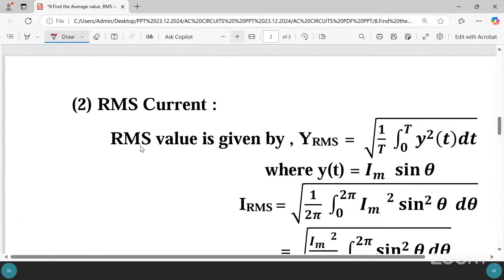Second one is RMS current. Have you written the formulas? I average is equal to 2 Im by pi is equal to 0.637 Im. Please note down the formulas, because we have to do the problems.